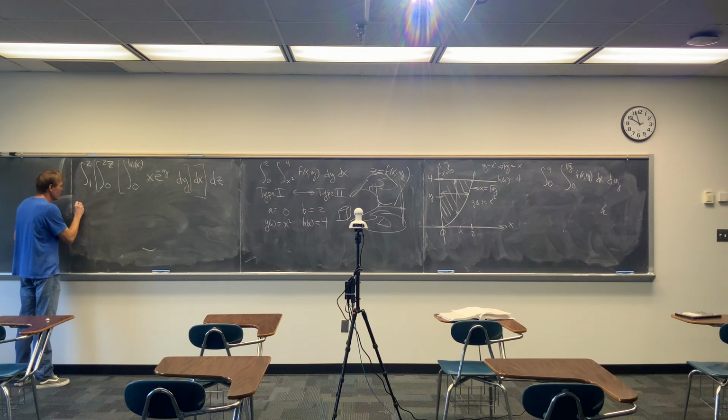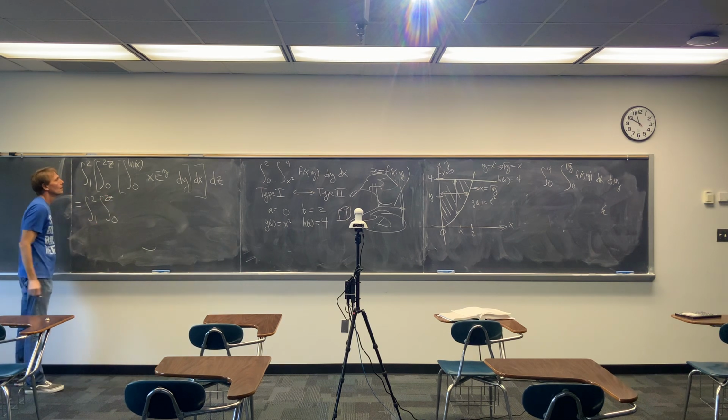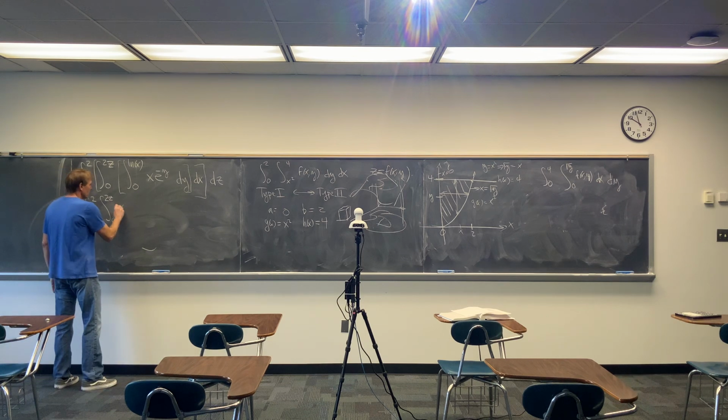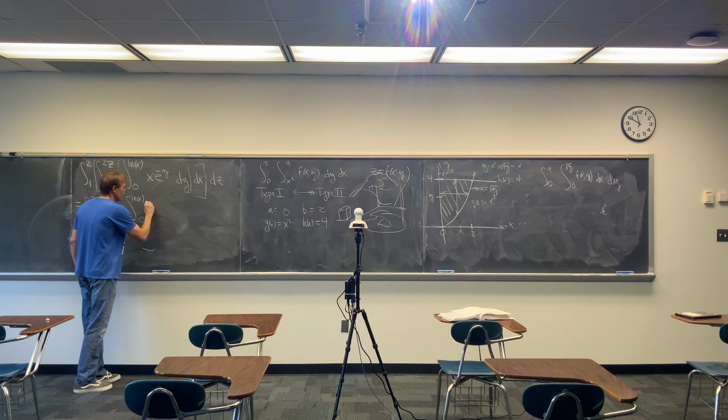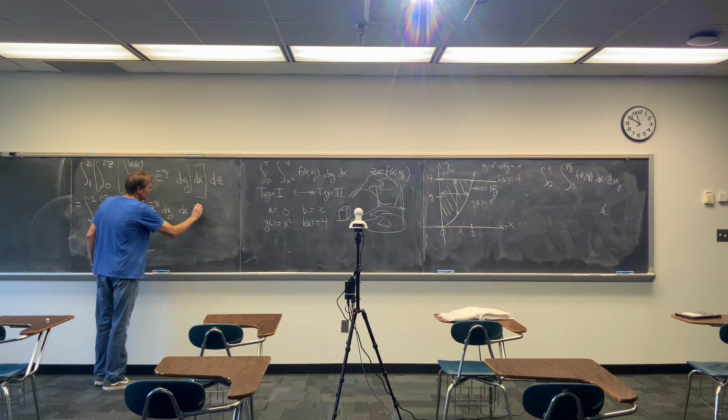It's just a lot of writing. The integral from 1 to 2, the integral from 0 to 2z, x times the integral from 0 to the natural log of x of e to the minus y dy dx dz.